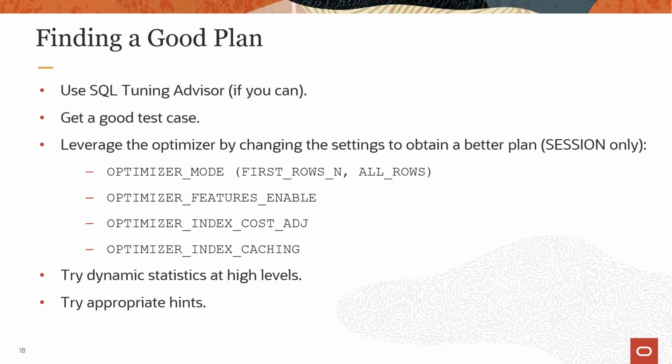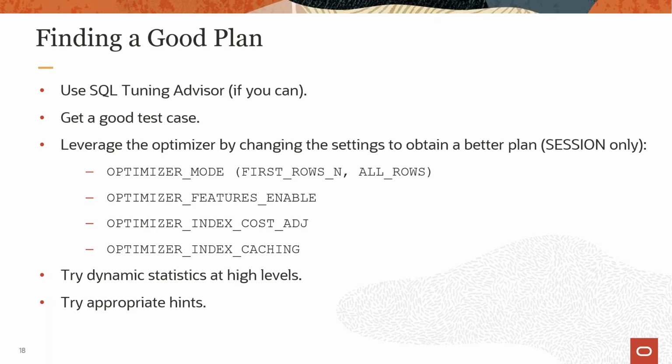And this can be done within your own production database because the following parameters can be changed at the session level only. Now, the first parameter is the optimizer mode. If the optimizer mode is currently all rows, you can then use first rows n, where n reflects the number of rows that the user wants to see right away.